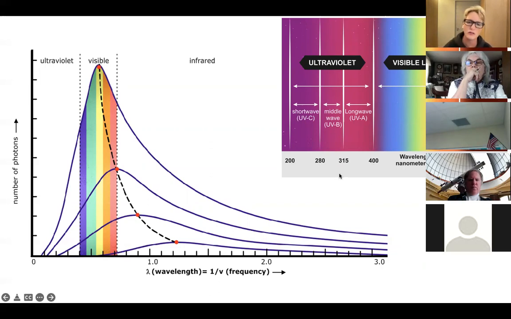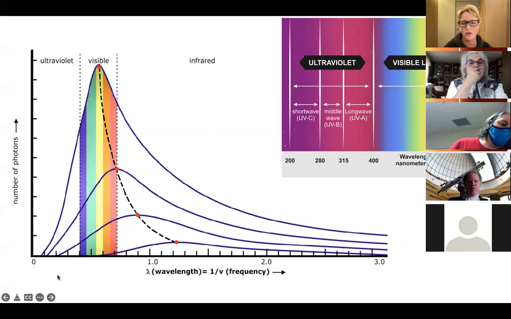The shorter the wavelength, the higher the energy is, then we're into the ultraviolet zone, which is before violet. We can see that ultraviolet is also divided into 3 waves. We have relatively long wave UV, referred to as UVA. Then the middle wavelength, which is UVB, and then the very short wave, very, very high energy UVC.